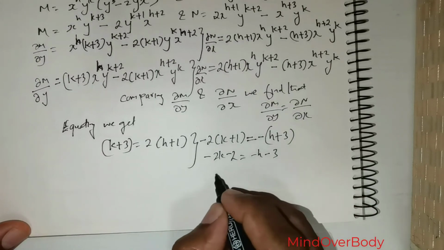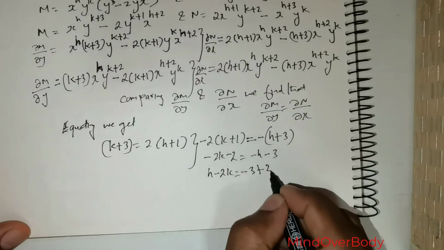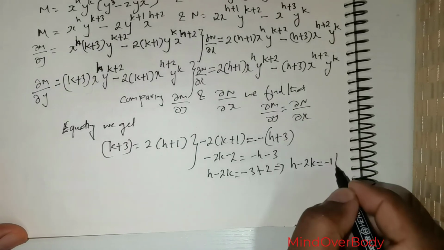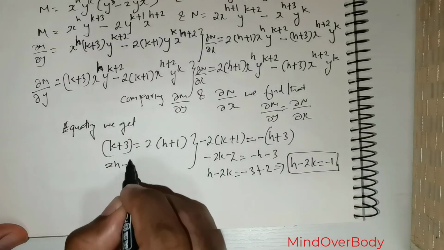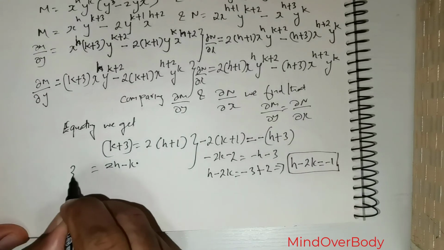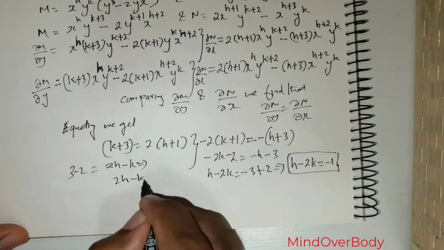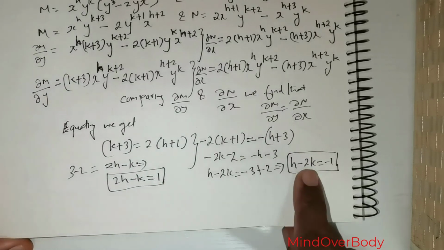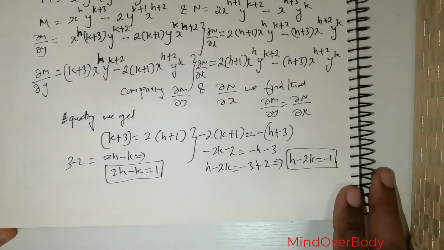If I rewrite this as h−2k, I get −3+2, which would mean h−2k is equal to −1. So this is one system, and over here I get 2h−k, and I get a 3 and a minus 2. So this would mean I have 2h−k is equal to 1. This is another system.